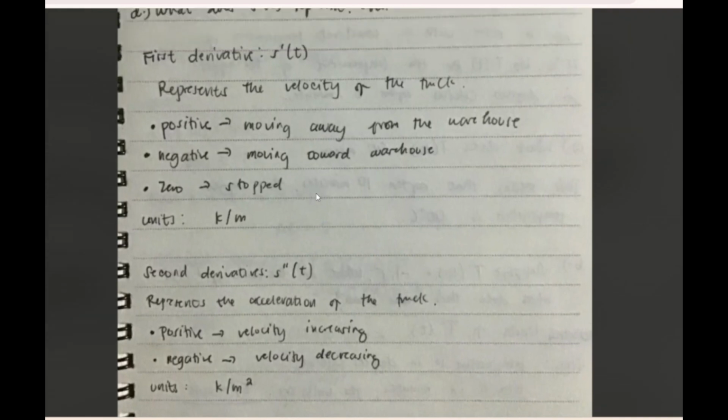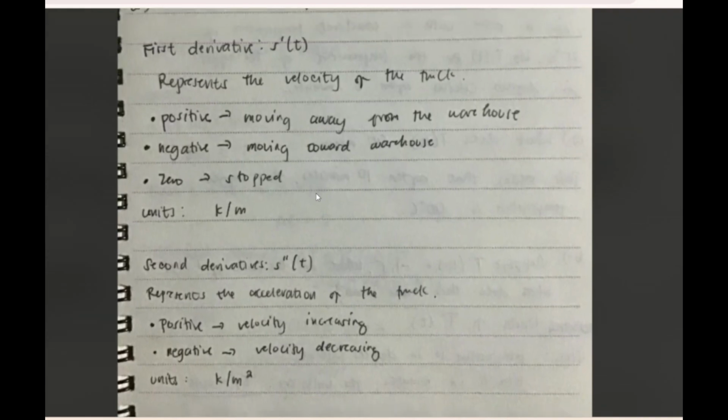Now moving to the meaning of s double prime of t, it represents the acceleration, since the derivative of the velocity is the acceleration. If it's positive, the velocity is increasing, and if the acceleration is negative, then the velocity is decreasing.